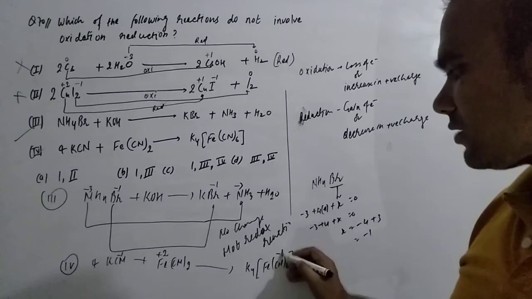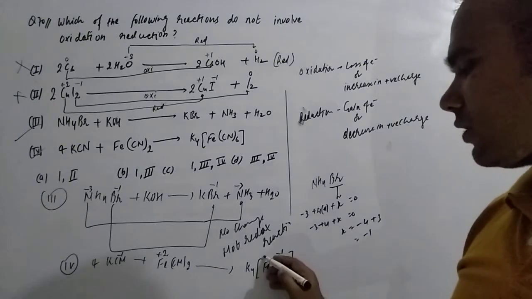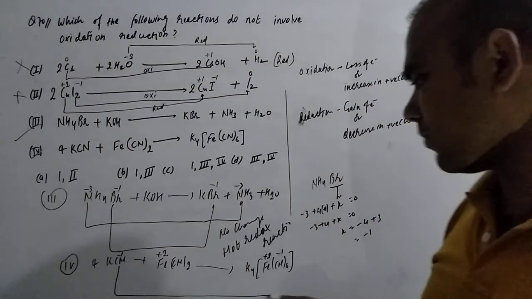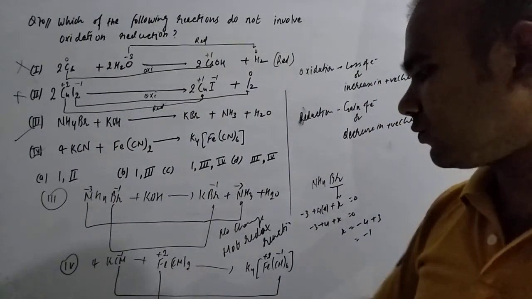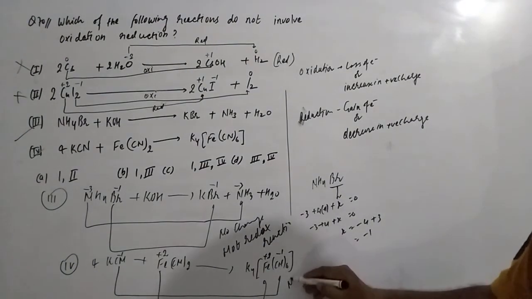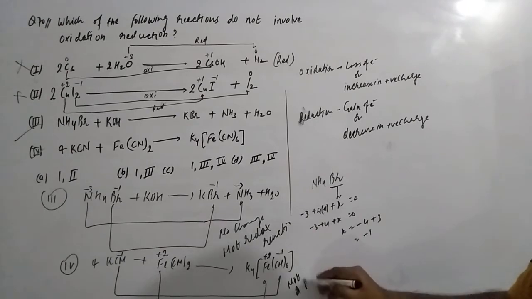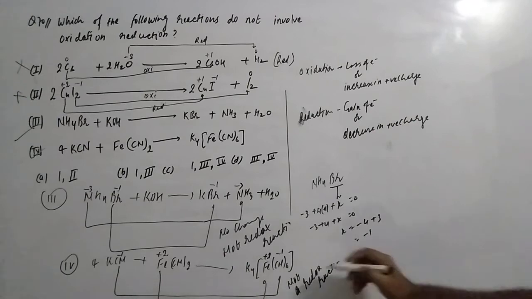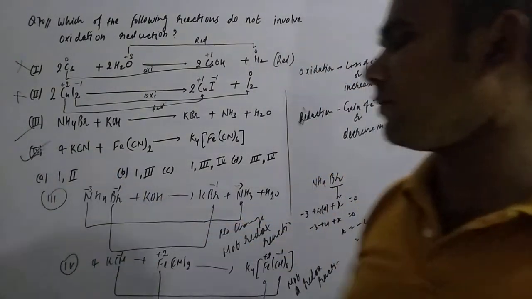Here cyanide is also -1. Fe how much, student? That is +2. So it is -1 to -1, +2 to +2. Nothing is happening in this case also, student. So this is also not a redox reaction.